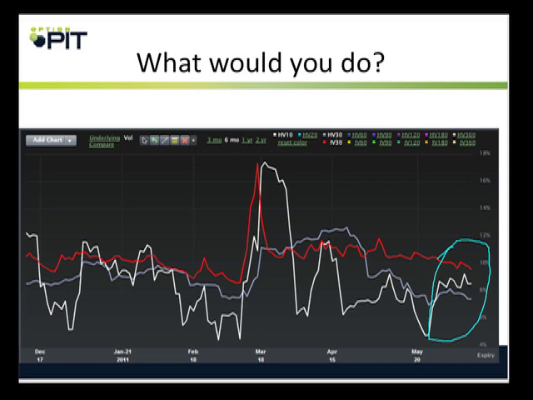Well, IV is coming from a place of being high, and HV, if you look, is actually about normal. I would be looking to sell premium here. I would absolutely be looking to sell premium.